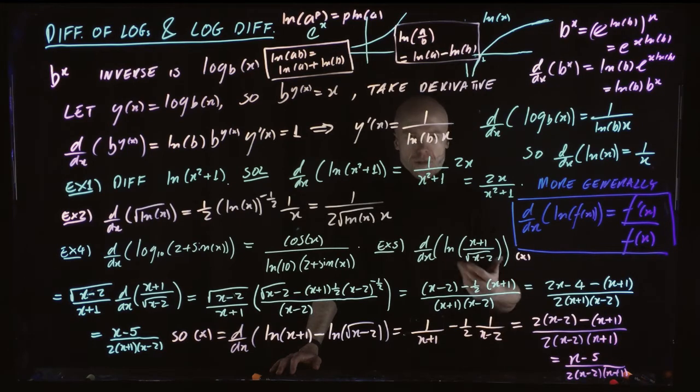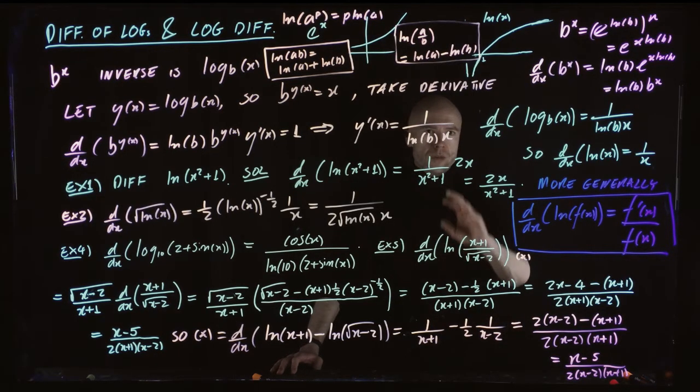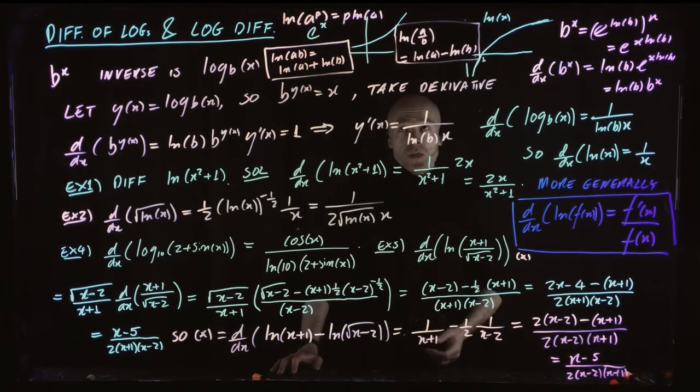These things are way easier to differentiate than f over g or f times g. So it's very good to use that when we have log of something. And that gives us a hint of what we'll shortly see, which is log differentiation. Okay, first let me clean the board, and then I'll do a little recap of these basic properties of log.